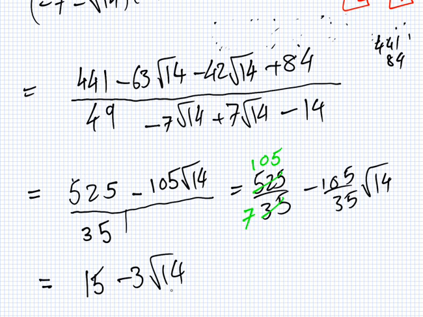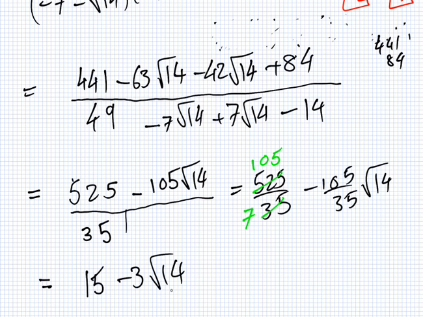Okay, so we have here root 2 squared, root 3 squared, there's another 2 and there's another 7. So as you said, it'll be 6 root 14.